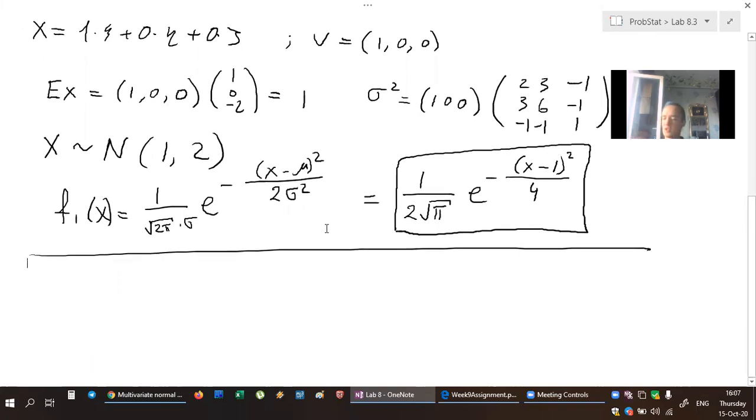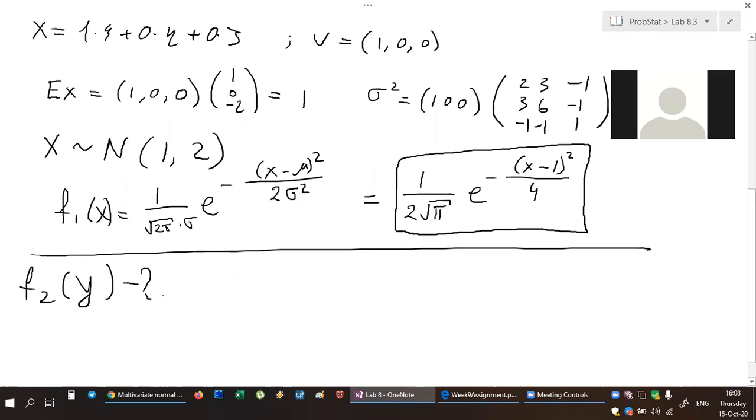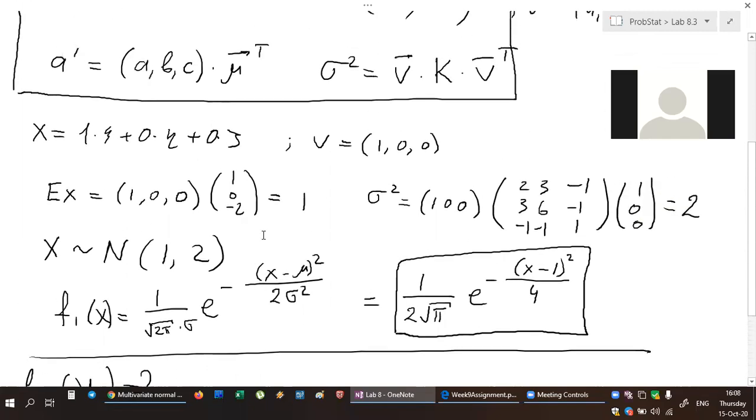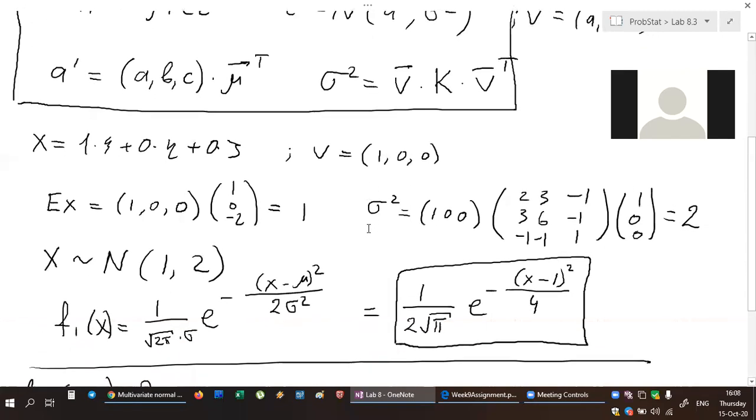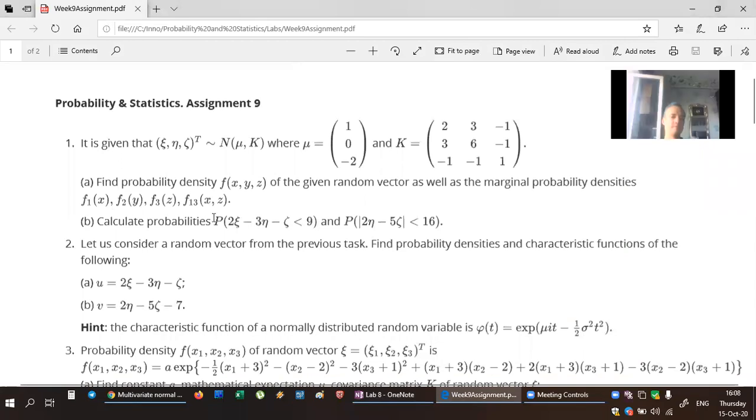Another way to solve such a task, for instance, what is the f2 of y? Sorry, vector v is any vector we want. For example, we can choose (0, 1, 0). Yes? Yes. For instance, if you take a look at 1b, then here we see that vector v is (2, minus 3, minus 1).